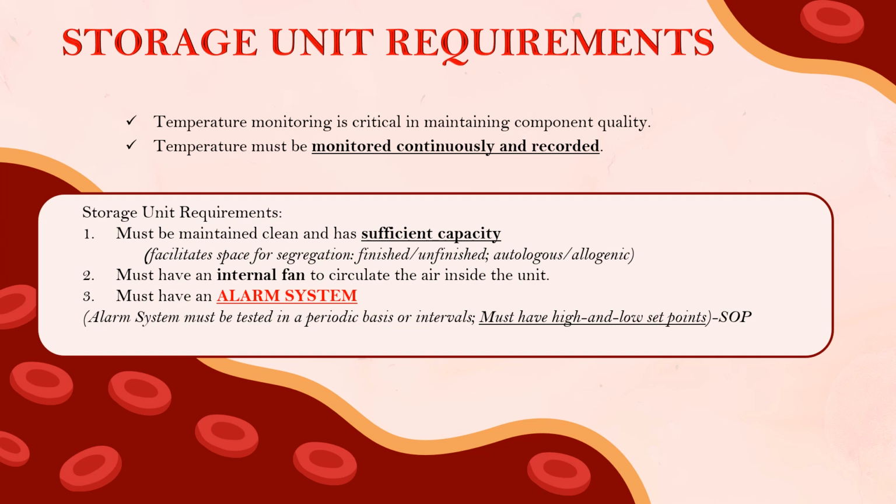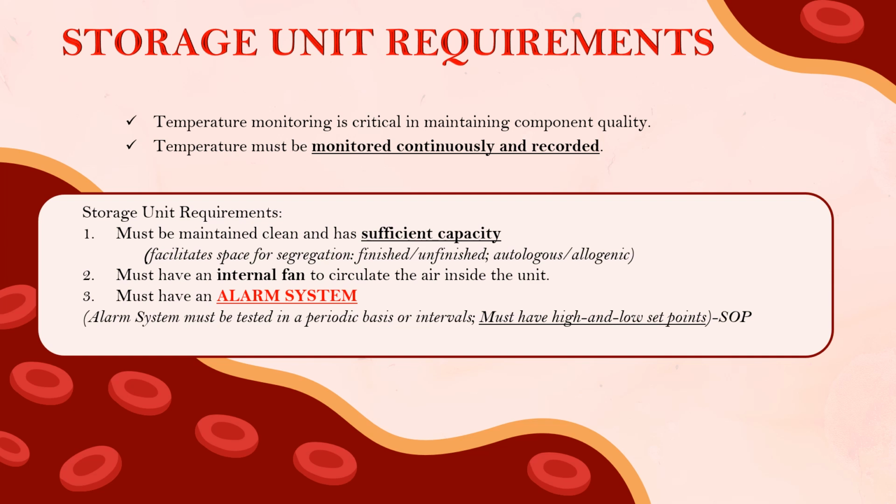So why is it necessary to have an alarm system for storage units? Okay, class, this is to warn the medical technologists to take immediate response and corrective action whenever there is a potential temperature fluctuation within the storage unit. How does it happen, class?